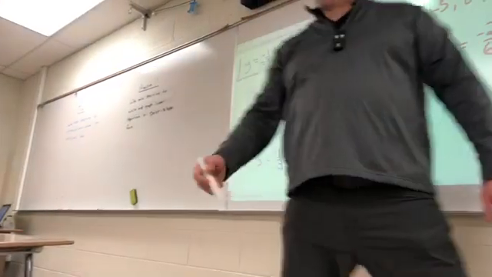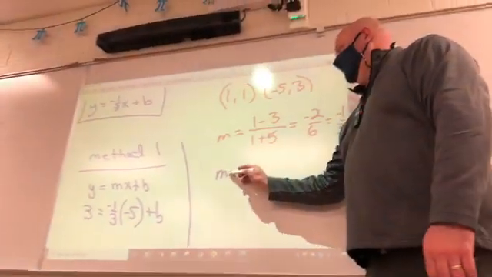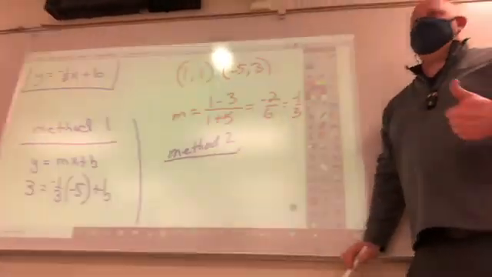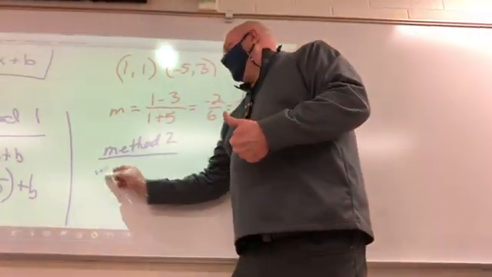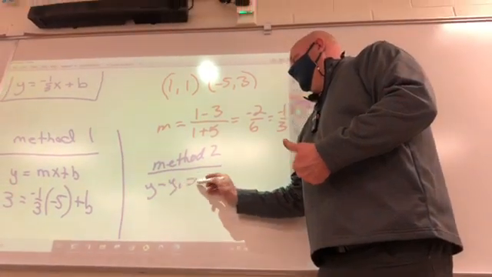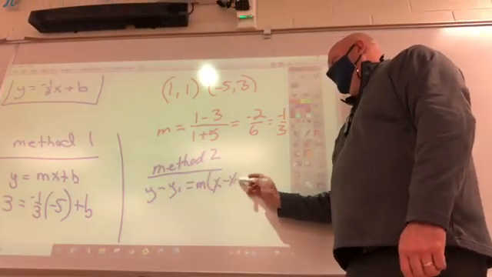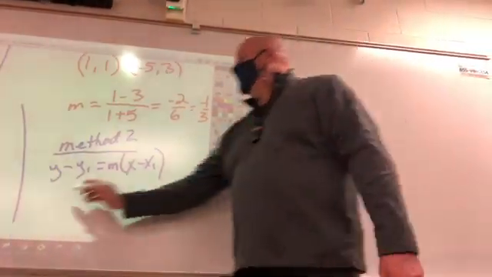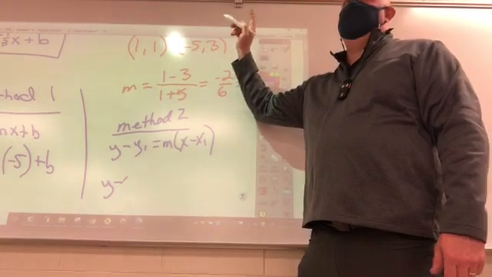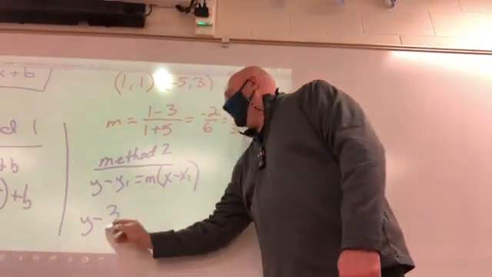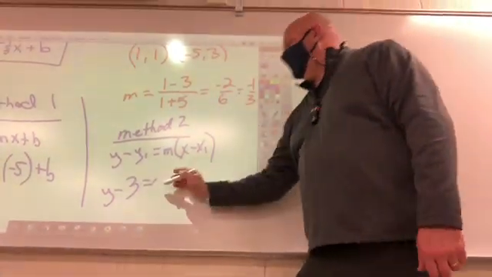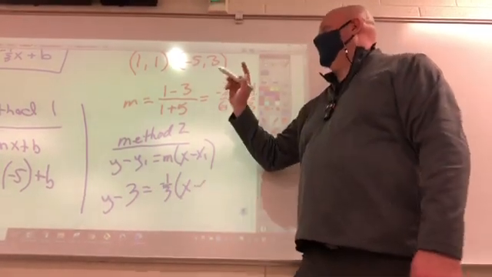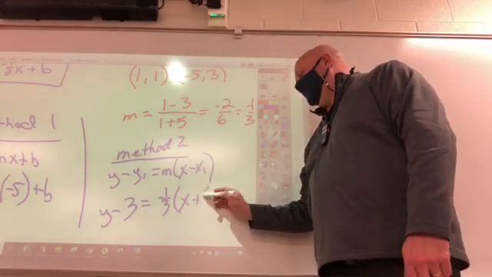Or I now have a second method, and that's to use point slope form. Use the same point. It would be y minus the 3 equals my slope times x minus the negative 5.